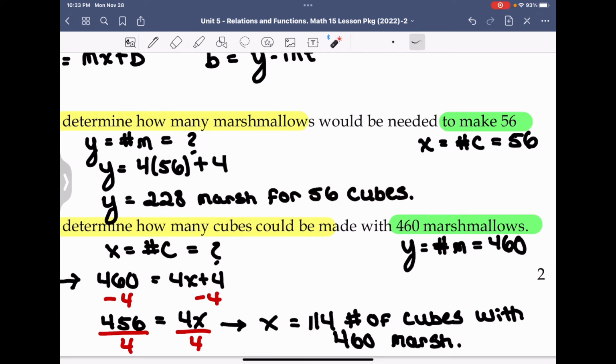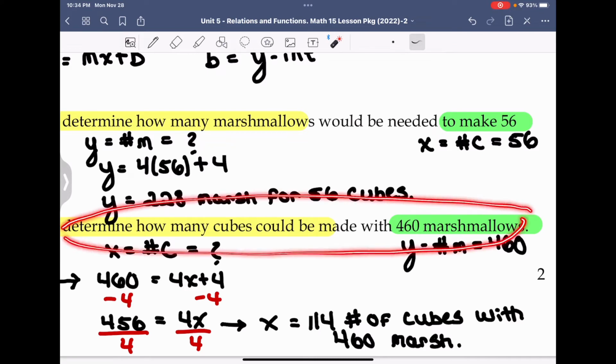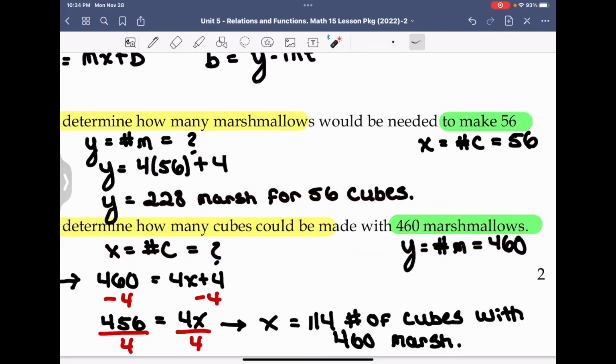So we have an x value equal to, well, what is that x value? The number of cubes that can be made with 460 marshmallows. So don't feel bad about taking parts of the problem and directly putting them in your answer, because what often happens is they give you the context that's required in order to make your answer make sense in the end.